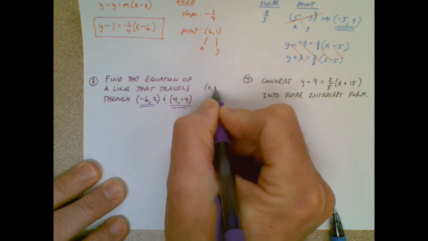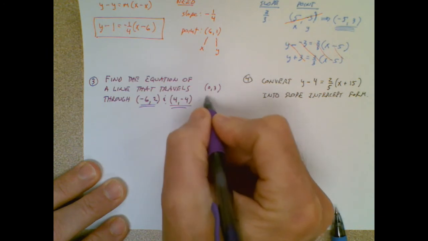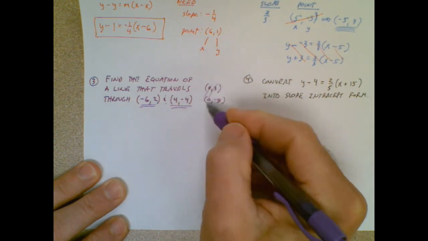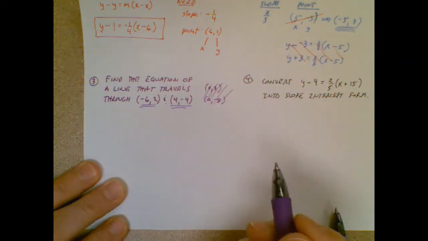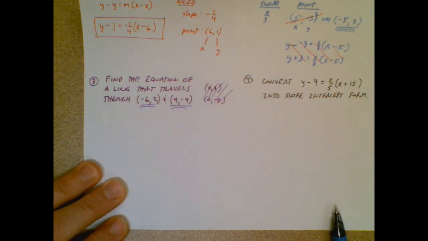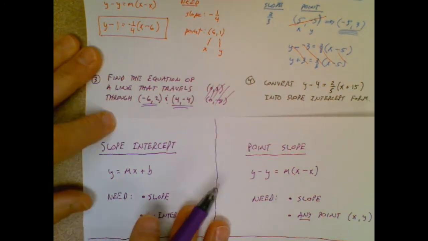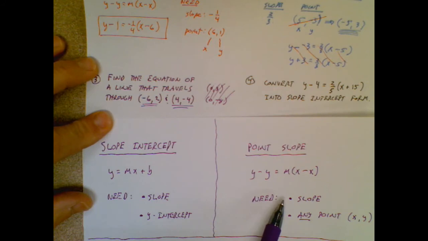So something like 0, 3 is a y-intercept. 0, negative 8, that's a y-intercept. But these are not y-intercepts. That's a good clue to tell me I'm interested in point-slope form, because I need a slope and any point.